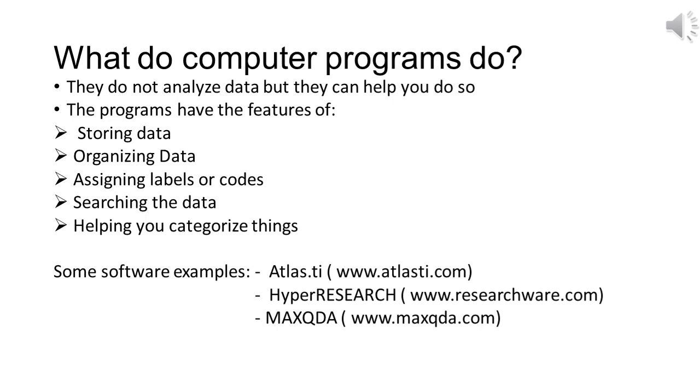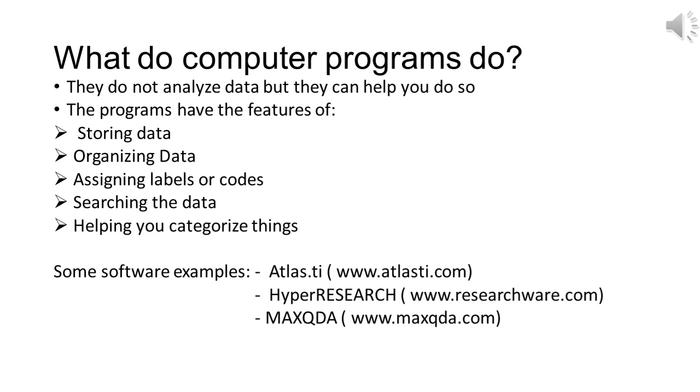In case you choose to analyze by computer, what do computer software or programs do? To answer, they do not analyze data, but they can help you do so. Remember, a computer can never function or interpret data as the human brain.